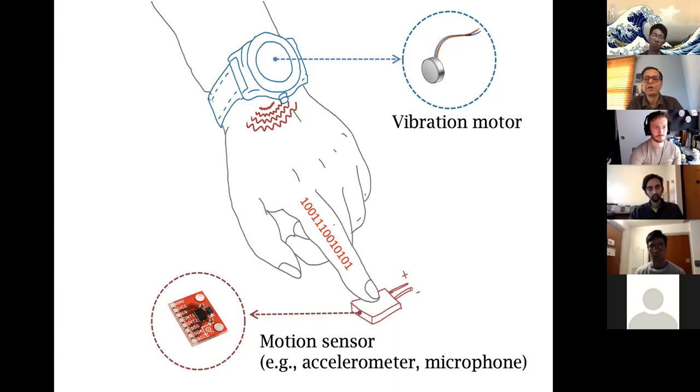So if I tell you encode data in vibrations, what might you do? How would you encode data in vibrations? Morse code. What can you do with Morse code? Right? Easy thing to do is when there is vibration, that's 1. When there's no vibration, that's 0.